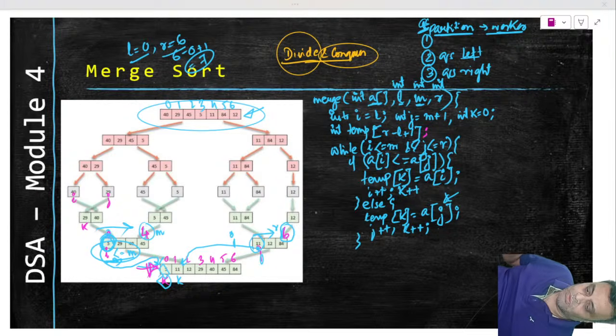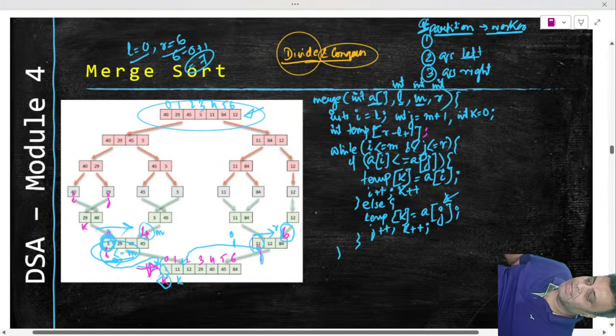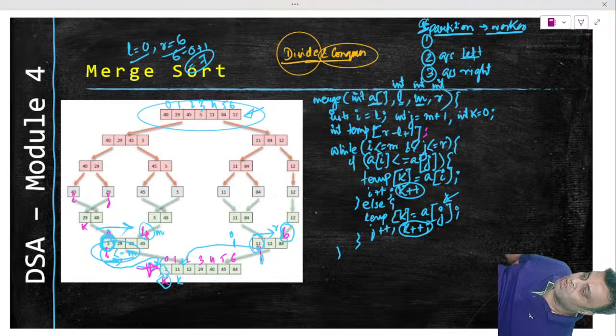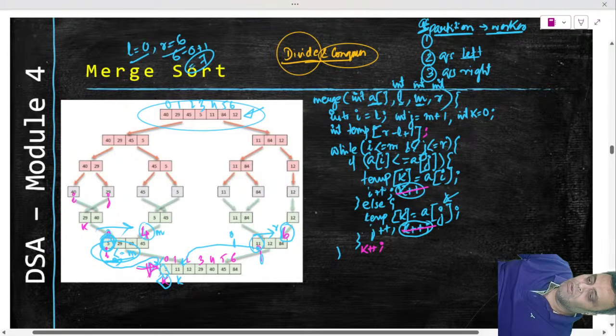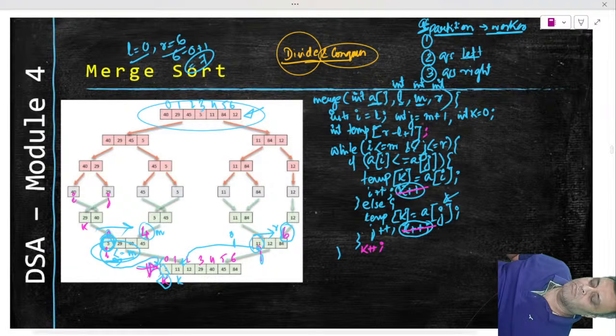Right? Then we will close the bracket. K is moving forward in both the cases, so it is prudent for us to write K plus plus once here, rather than writing it on both sides, as it will be easier to interpret. That being said, that is our loop to position elements till any of them becomes empty.